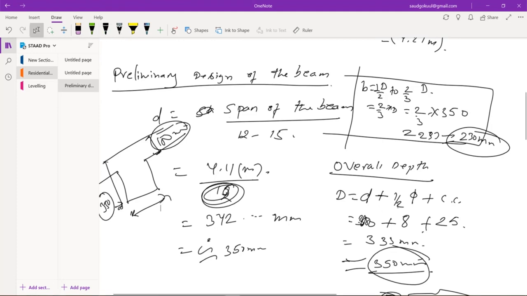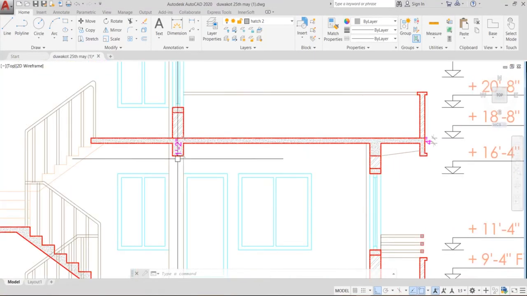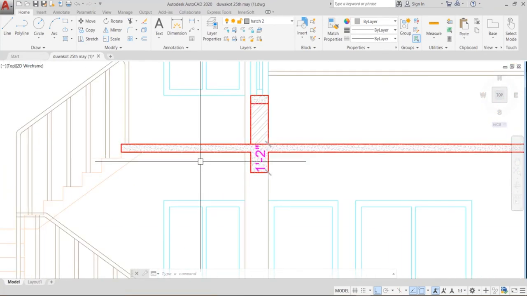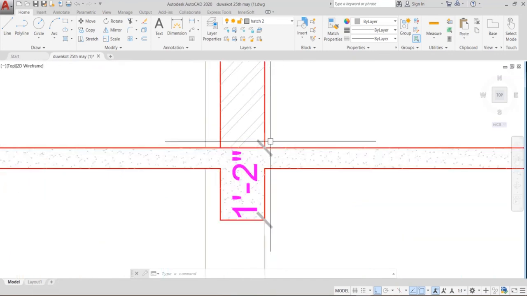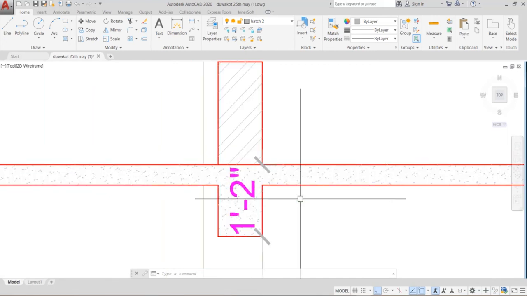You can see this in the section of our structure as well. From here to here it's 100 mm, so this is the size of the slab only, and the depth of the beam is from here to here.